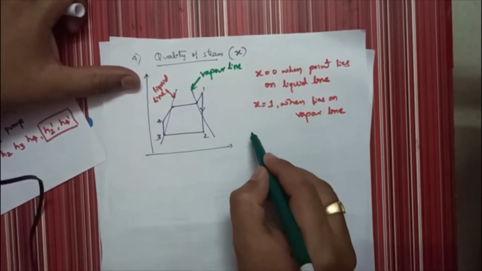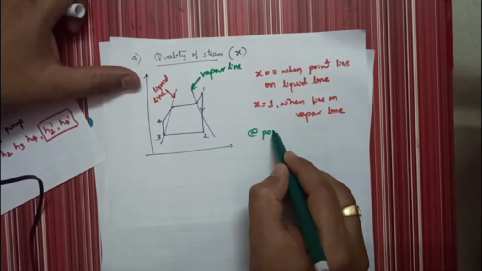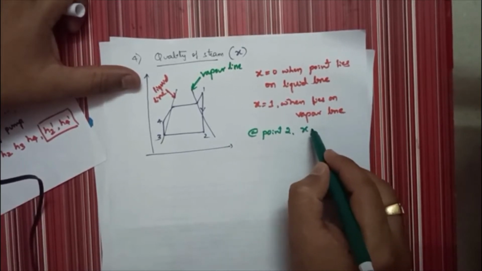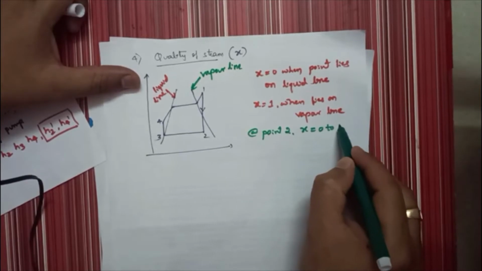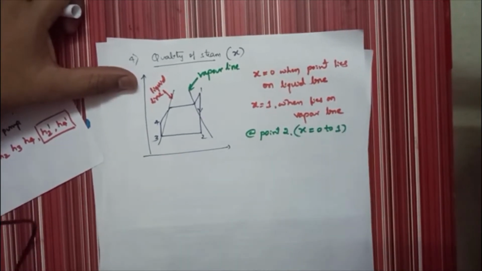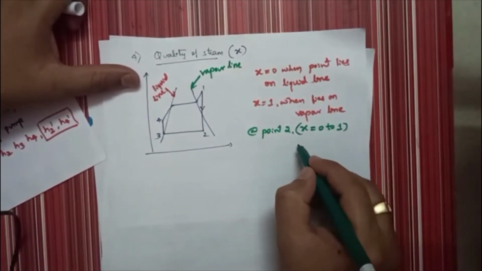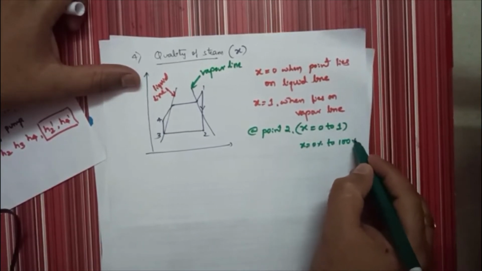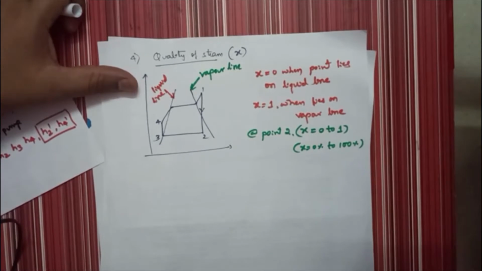So at point 2, what is the value of X? X is between 0 to 1, or it is also called 0% to 100% in terms of percentage.